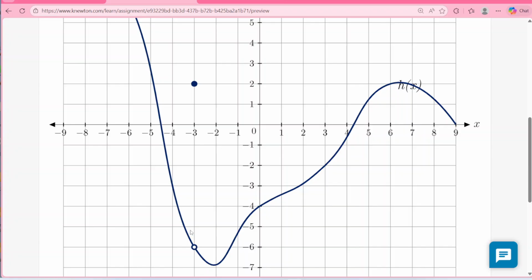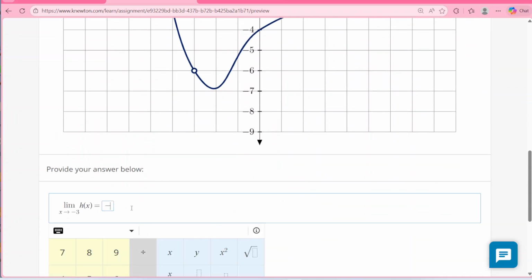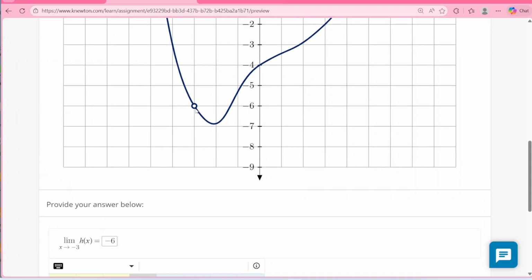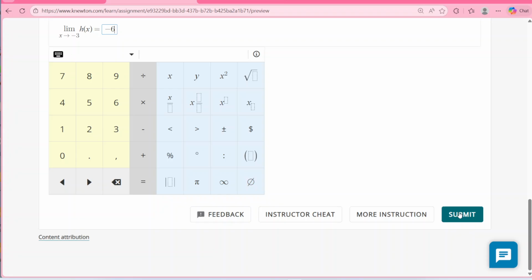So that's our limit: as x approaches -3, the function is approaching -6. Like I said earlier, the point doesn't have to be there at -3, but we are approaching that location on both sides. So -6 for that one.